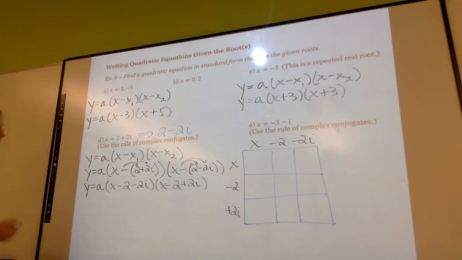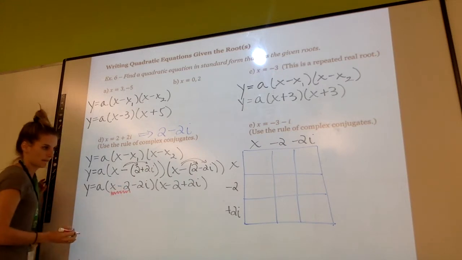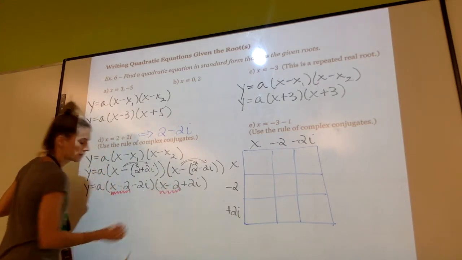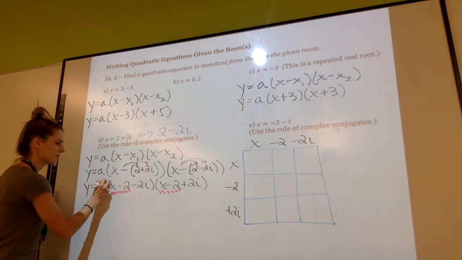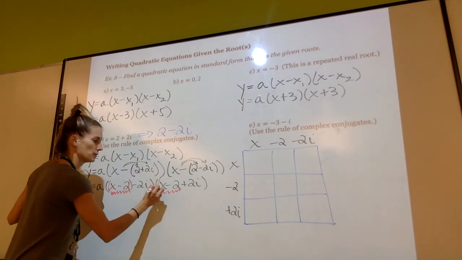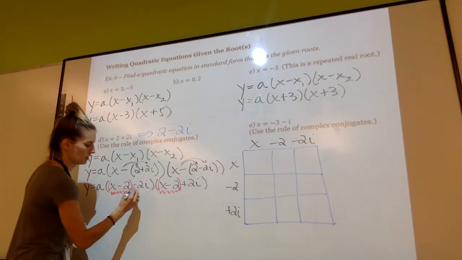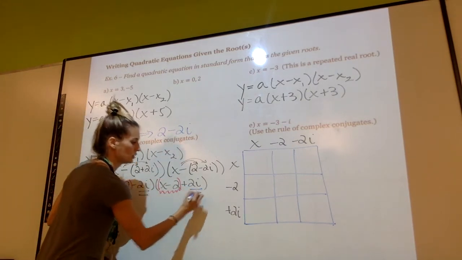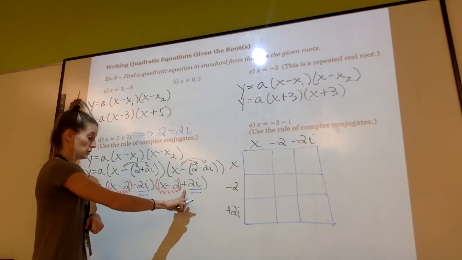So my difference of perfect squares, notice the repetition there, x minus 2, x minus 2. I'm actually going to contain those in their own set of parentheses. And 2i, where the signs are different. This is a minus 2i, this is a plus 2i.